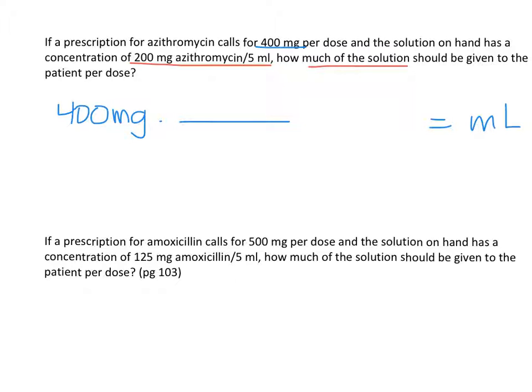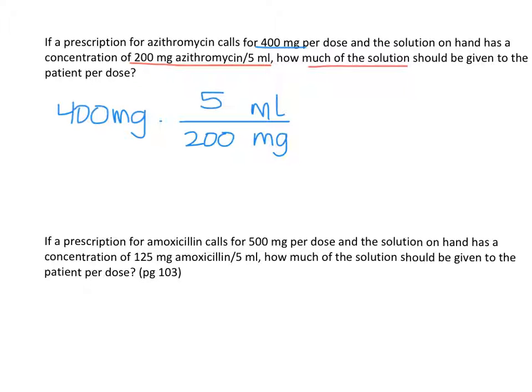It looks like 200 is in the numerator and 5 is in the denominator, but we have to remember we want that milligrams to cancel out. So we want milligrams to be in the denominator and the milliliters to be in the numerator. So that means we're going to have 5 milliliters over 200 milligrams.